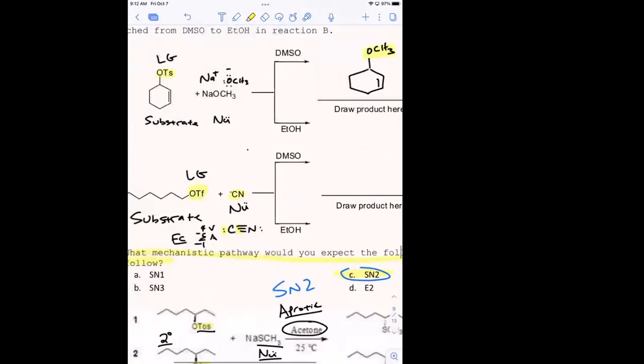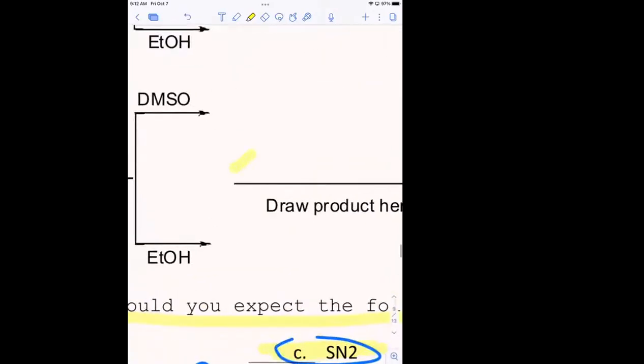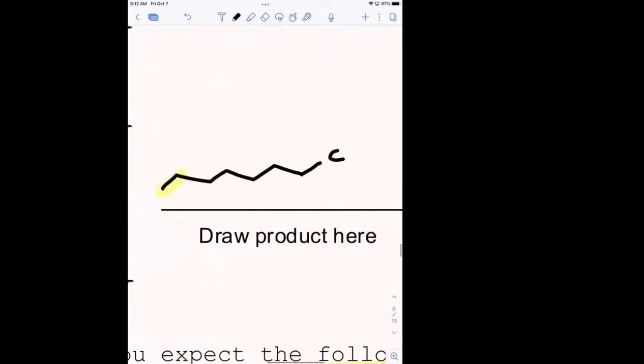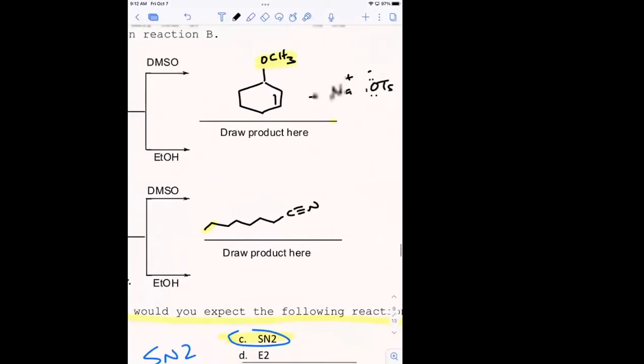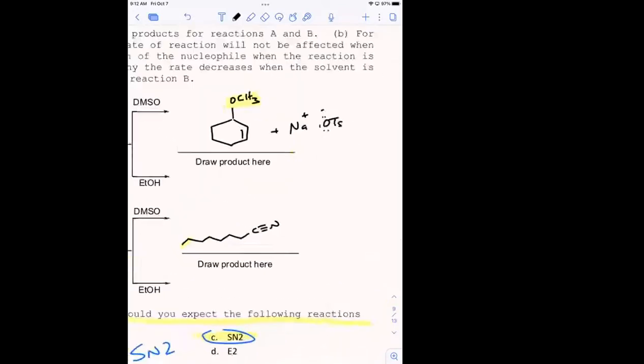Okay, well it's going to create a new carbon-carbon bond. Good. Here, right? Is that right? Yes, and just to make sure. Okay, yeah, I see that, yes.